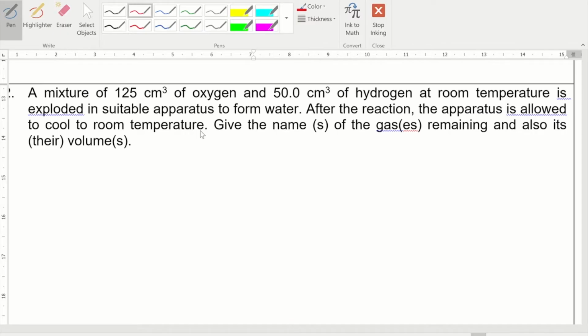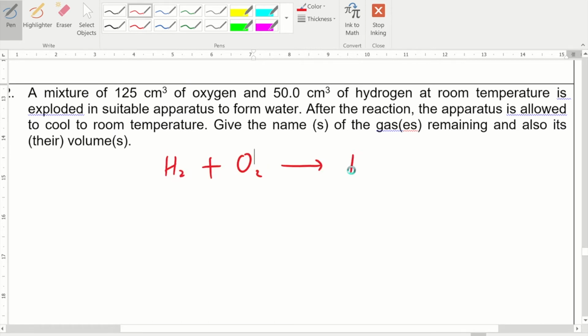Okay, so try the next question. Question 2, page 14. Likewise, don't look at the answer first. Try it yourself first. The balanced equation will be hydrogen plus oxygen forming water, H2O. To balance this equation, I will need 2 hydrogen, and then I form my water, which is liquid state.